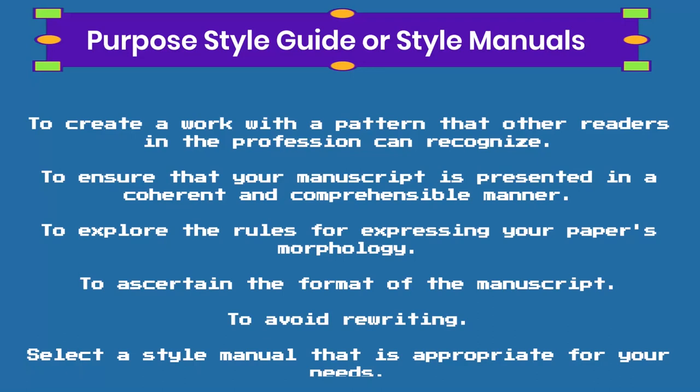So, now having studied the purpose of a style manual, the next question is, how do I choose a style manual for my research paper? Note that it is important to select a style manual according to your purpose. For instance, if you are writing an article for an academic journal, select the style used by that particular journal. Or if you are writing for a professor, ask his or her preference.